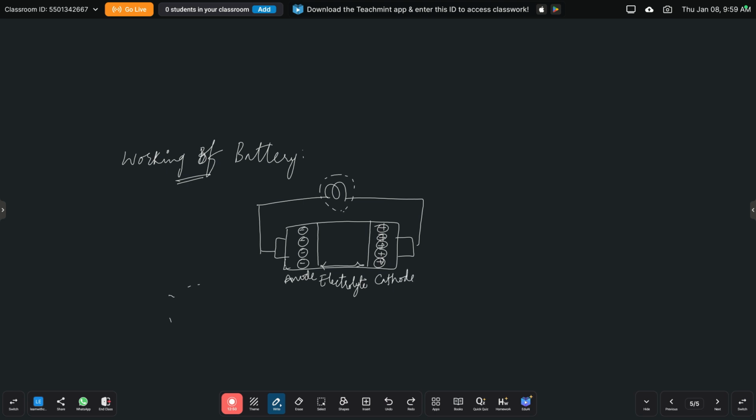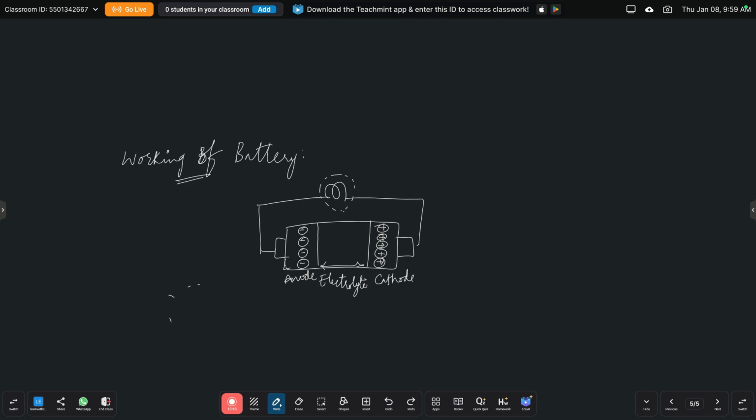The anode is a negatively charged electrode, so due to the chemical reaction, it loses electrons, which is called an oxidation reaction. Between the electrodes, the ions in the electrolyte move from one place to another, from the anode to the cathode.